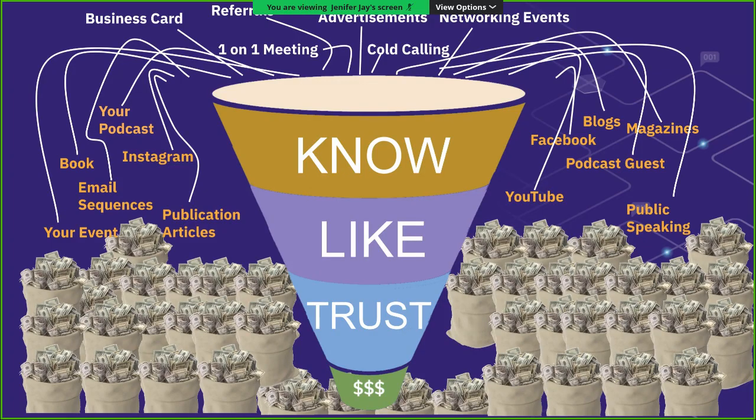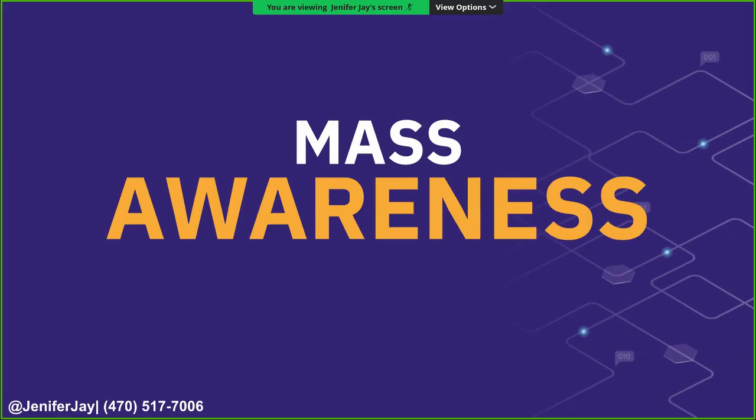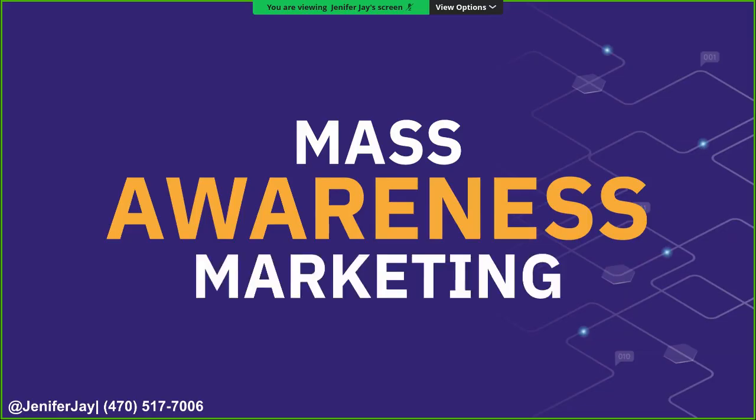The key, though, is to not just market to your audience one on one, market to the masses, right? Creating awareness. And that's what we call mass awareness marketing. So, mass awareness marketing is a system designed to reach your audience using multiple strategies, channels, platforms, and methods.